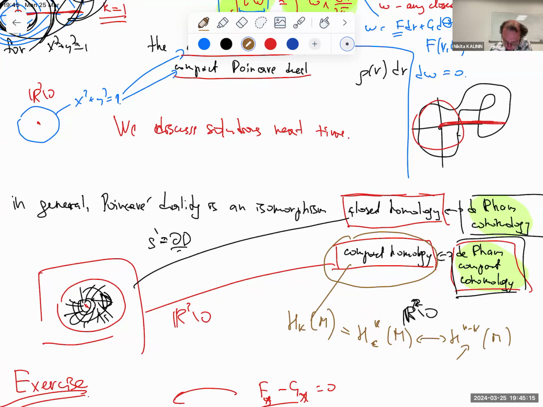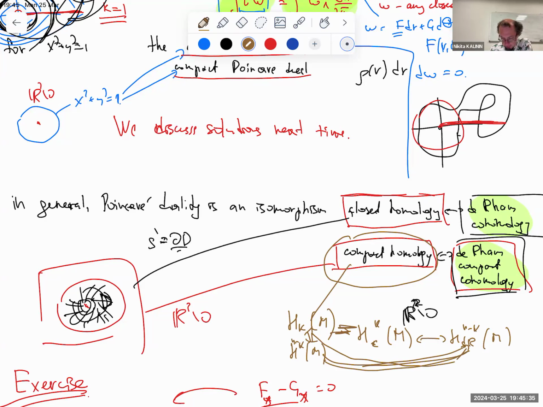So the de Rham cohomology is dual to the compact homology. So here you also can consider Hk of M, the usual one. It's de Rham. These are dual. These are equal, and these are equal. n minus k.